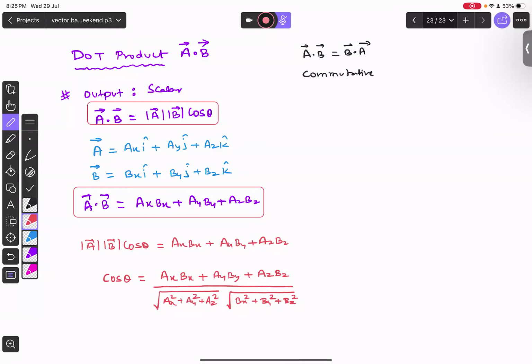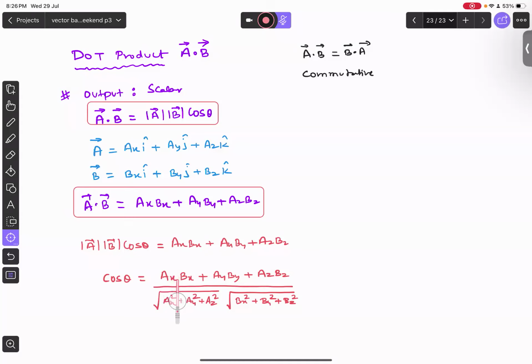Where you will be using it mostly is whenever I have to check whether the given vectors are perpendicular or not, or find the angle between two vectors. Then this dot product will be our first choice, because taking the dot product of two vectors is so easy. You just multiply their respective components and take the sum. Suppose cos theta comes out to be 0, it means theta is 90.